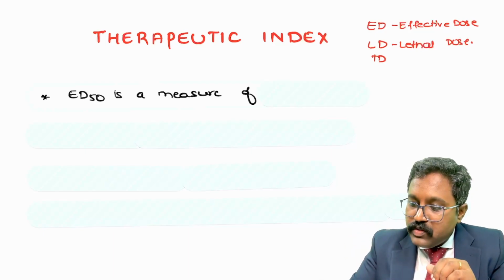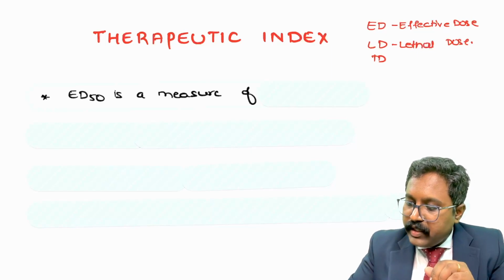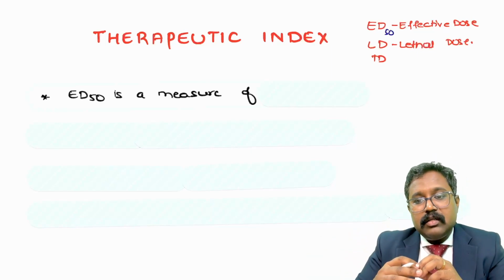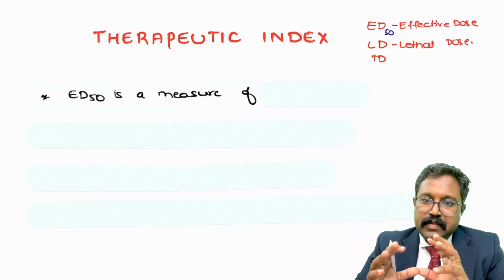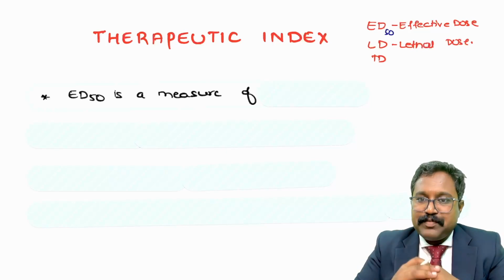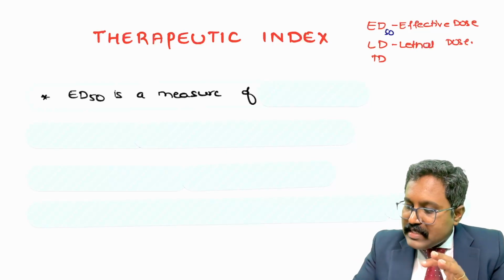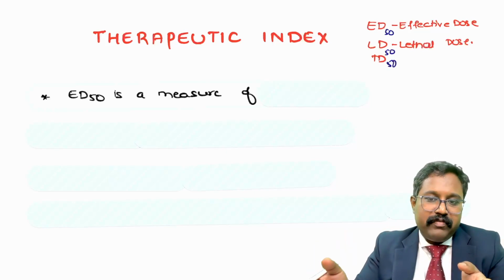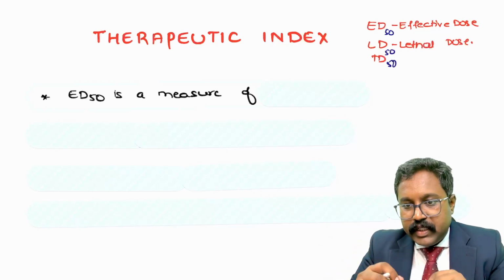Especially effective dose 50. Effective dose 50 means it is the dose at which 50% of the individuals are going to have a desirable beneficial response. So, what do you understand by LD50 or TD50? Lethal dose 50 or toxic dose 50?